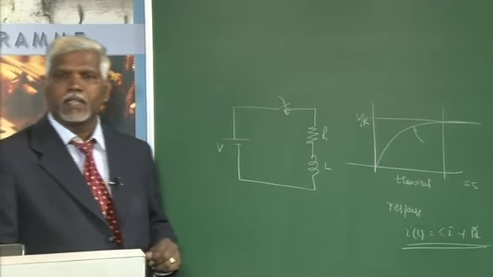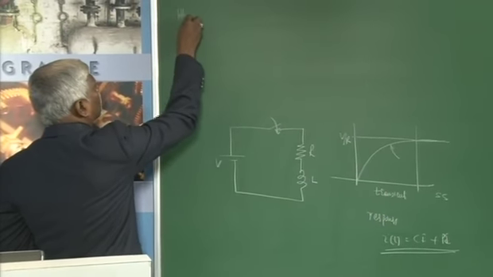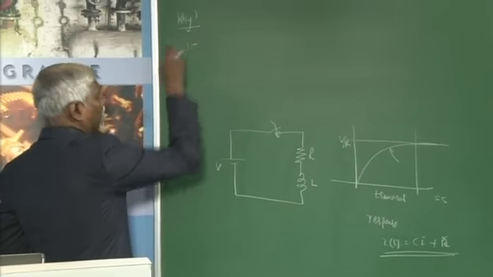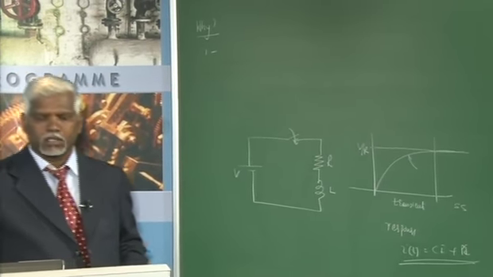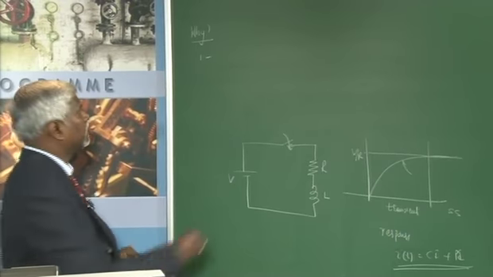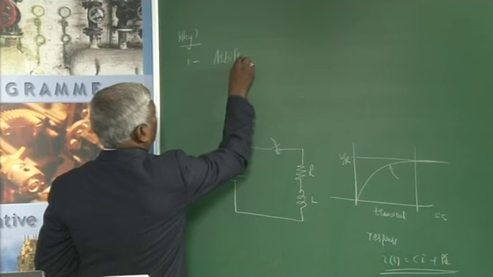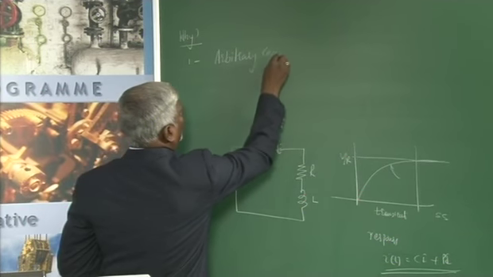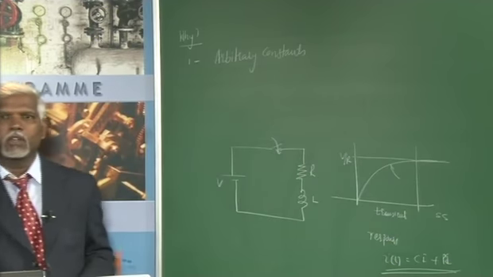So, why initial conditions? The first one is, it helps you in evaluating the arbitrary constants in your differential equation. In your first order differential equation, you will have one arbitrary constant.